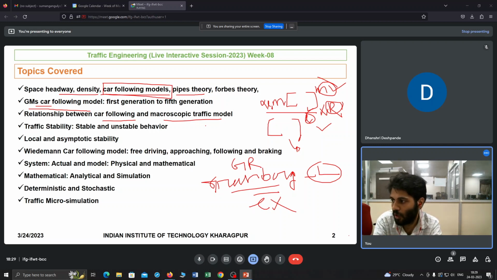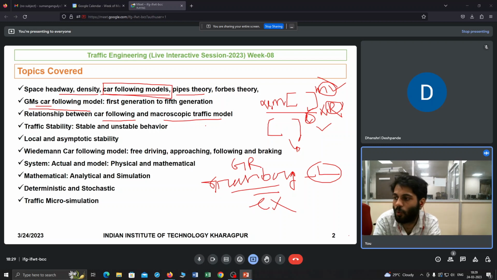Although to what extent we can use this kind of model in the Indian context remains a question that we cannot answer right now, because Indian traffic is different. We not only have cars or motorized vehicles, we also have non-motorized vehicles in the traffic stream, like cycle rickshaws and cycles, even sometimes in urban areas.